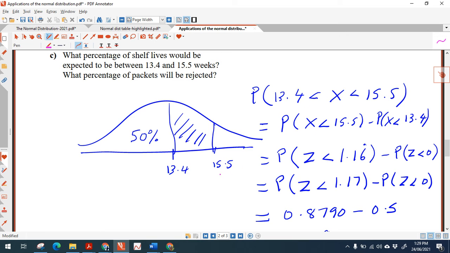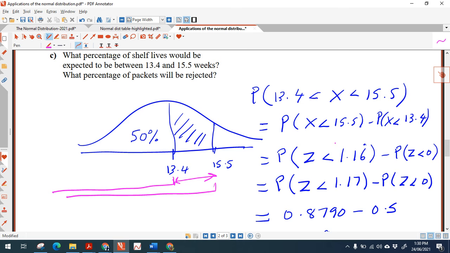I've broken this up because x less than 15.5 is this region here, and less than 13.4 is from here to here. So if I subtract those two regions, I'm left with this region in here. All right, so that's why I broke this up into two inequalities.